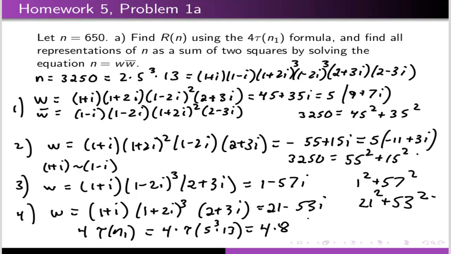So you have 32, but remember with the plus or minus signs and the symmetry, there's really just 4 distinct ways of doing it. And those were the 4 we found.